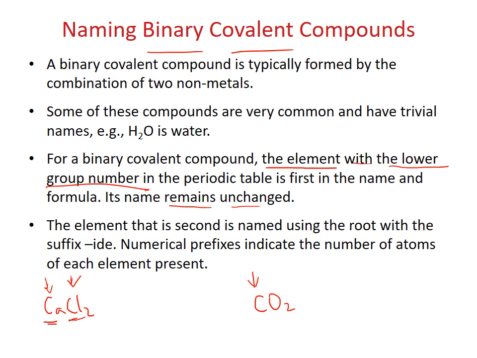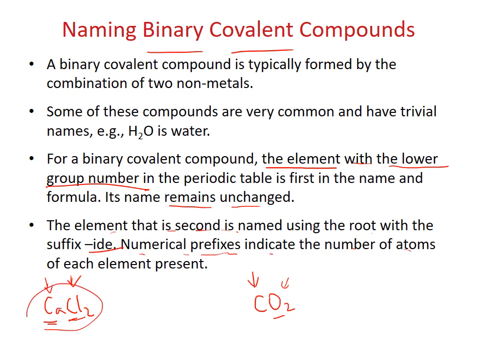All right, and then the second element, oxygen, is named using the root with the suffix IDE. So that's also similar. So oxygen becomes oxide. Also, numerical prefixes indicate the number of atoms.